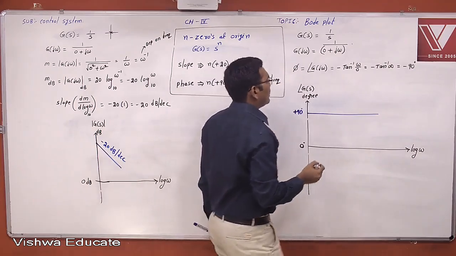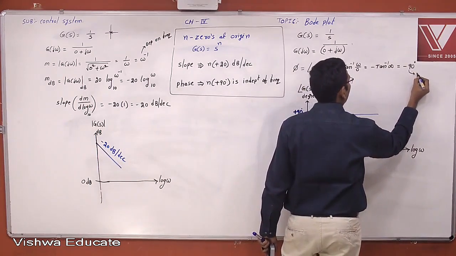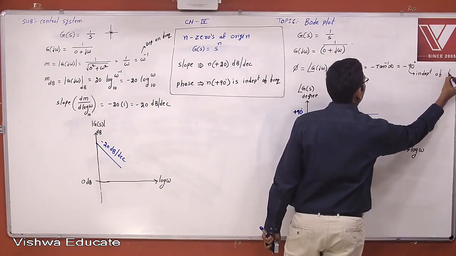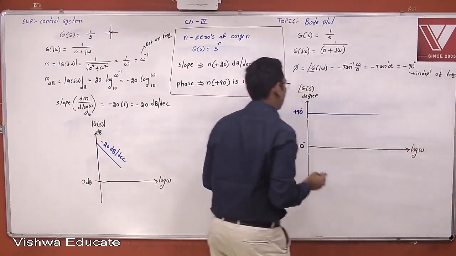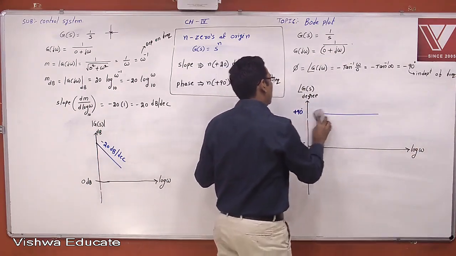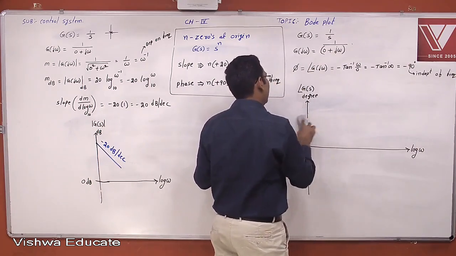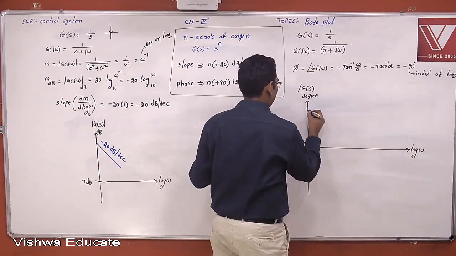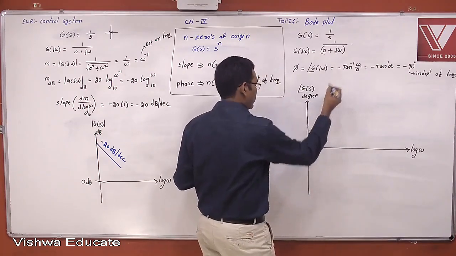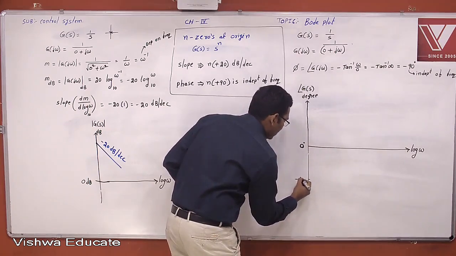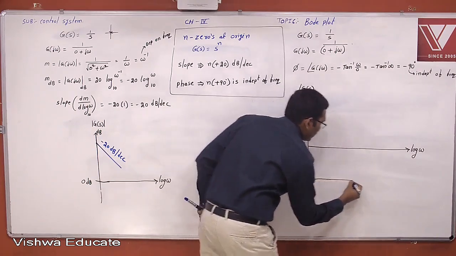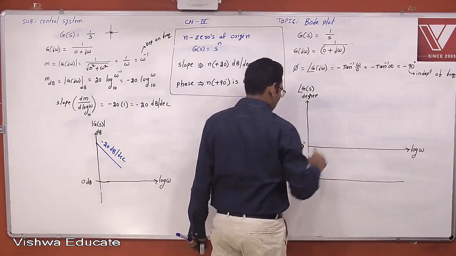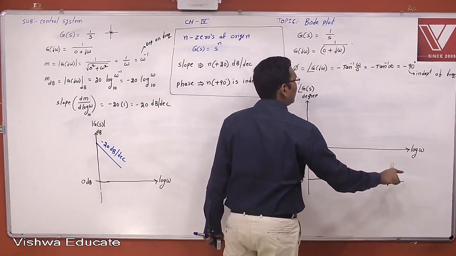This phase angle of minus 90 degrees is independent of frequency. Now this is 0 degrees, and this is minus 90 degrees, which is constant and independent of frequency.